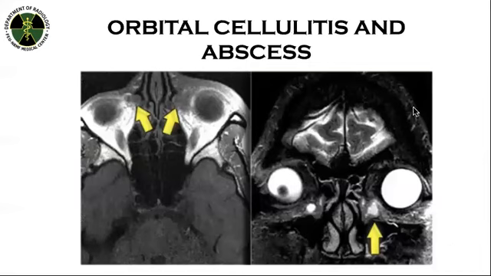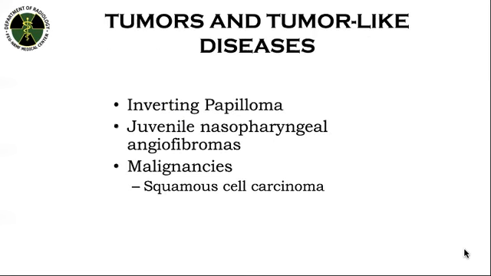Then orbital cellulitis, as you can see, there is thickening in the area of the orbit, suggestive of the orbital cellulitis. And in here also, as pointed by the arrow, there is abscess in this area in your coronal MRI, showing you orbital cellulitis and abscess.